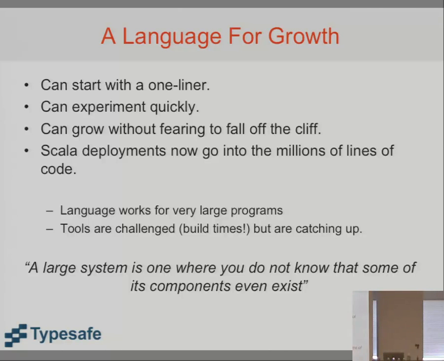So you can experiment, you can grow without fearing to fall off the cliff, you can grow very large indeed. So that works because the language has abstractions that are essentially scalable in the sense that you can start small, but they hold up for large programs. There's enough abstraction power to make large programs hang together very well. So for the language, that works very well.